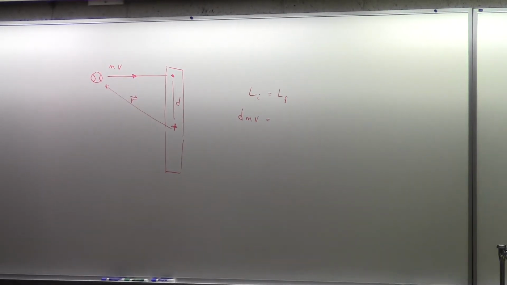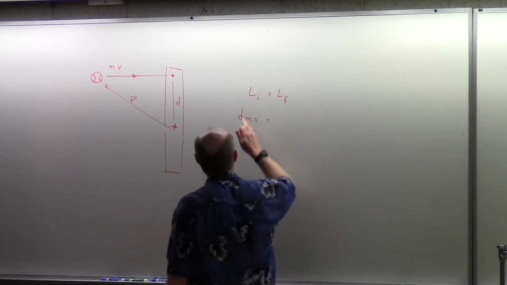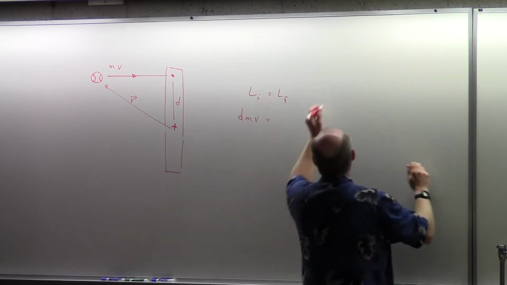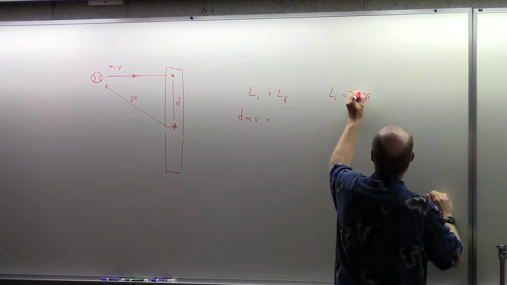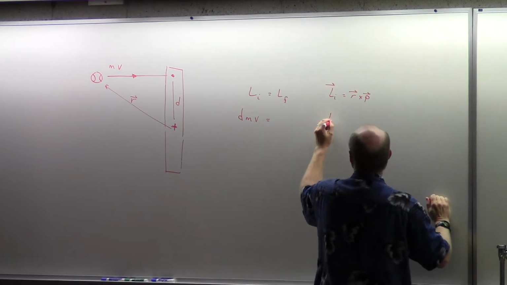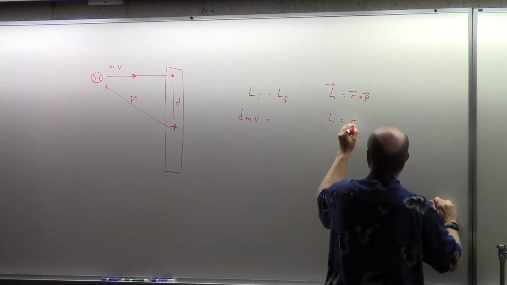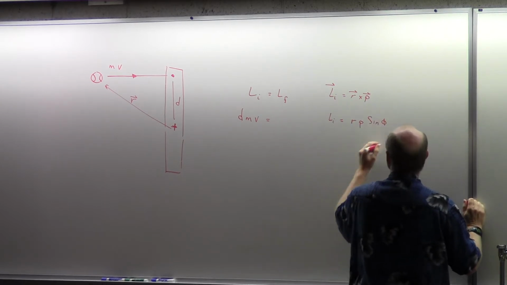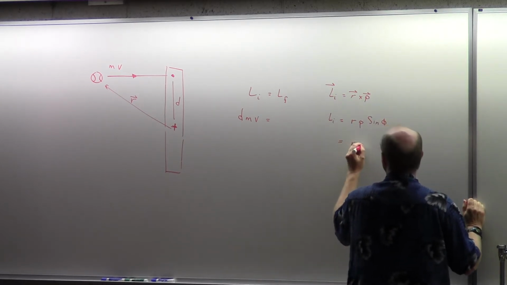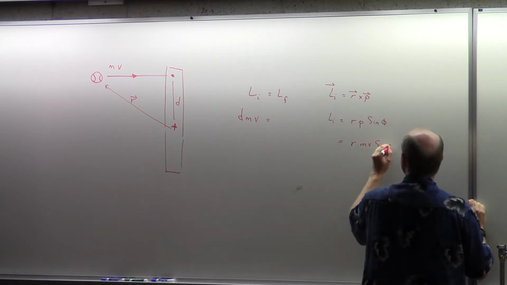And so that was where this r cross p came into play. I'll do it again real quick. We said, all right, if you go to calculate this, the initial angular momentum, you would go r cross p. Now, not worrying about direction here, this would be the magnitude of r times the magnitude of p times the sine of the angle between them. So this is r mv sine phi.